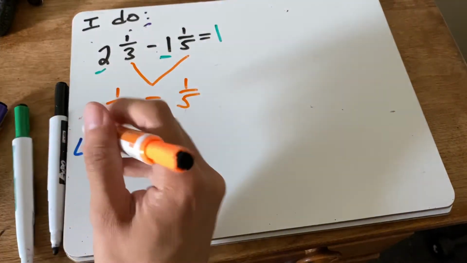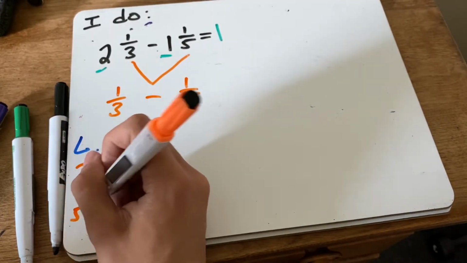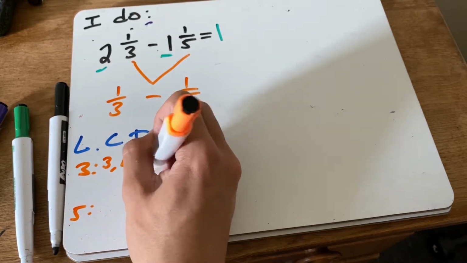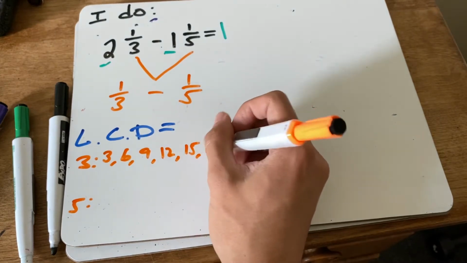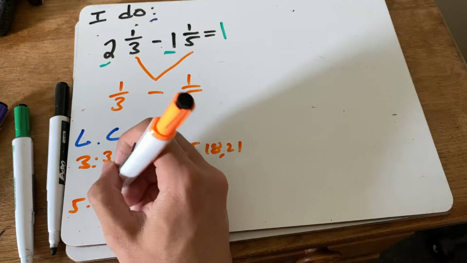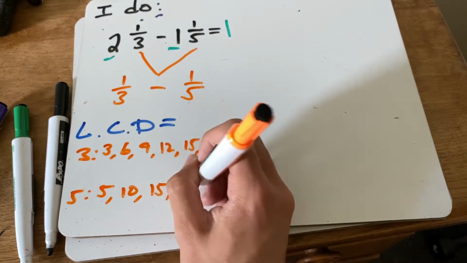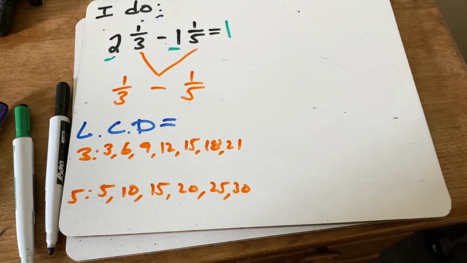We'll start off with our 3, that's our first denominator, and then we'll move on to our 5, okay? So let's skip count by 3. 3, 6, 9, 12, 15, 18, 21, and we'll stop right there. Then let's do the 5. 5, 10, 15, 20, 25, 30, and we'll stop right there.